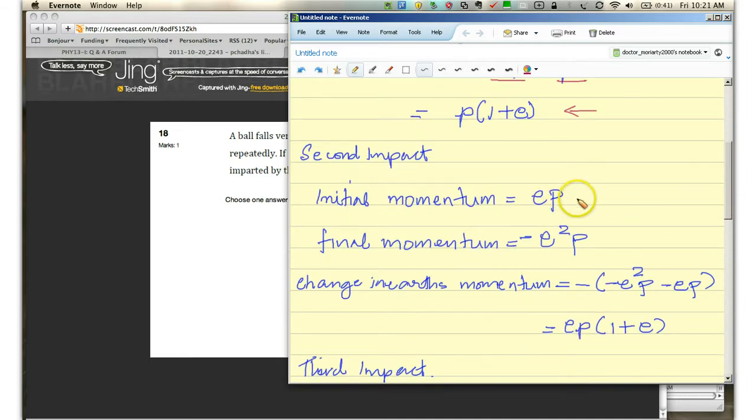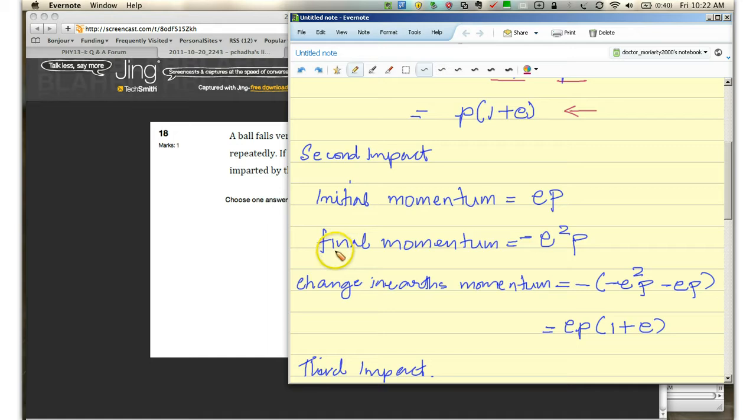Now the ball will bounce back with minus ep. It will rise to a height and then fall back again, and its velocity at impact will be the same as the velocity with which it started upwards, except that the sign would have changed. So the initial momentum now becomes ep.